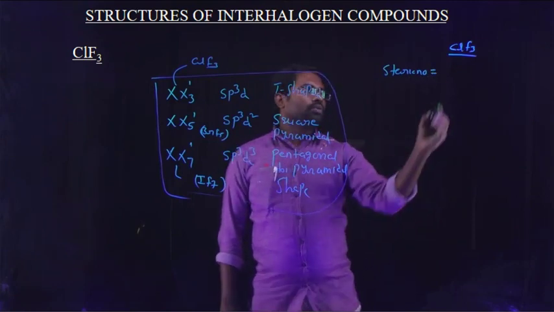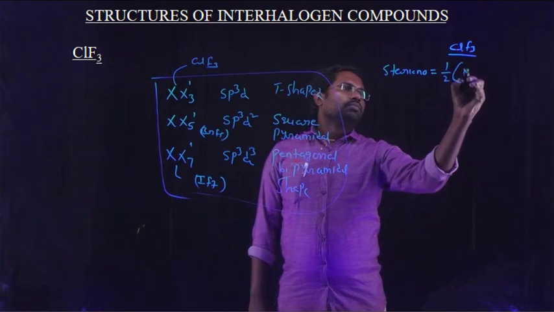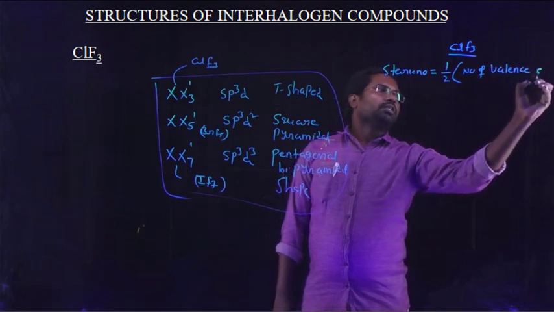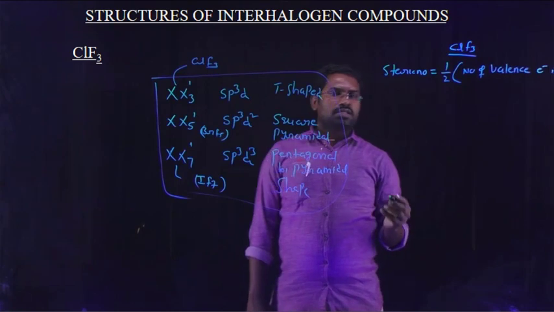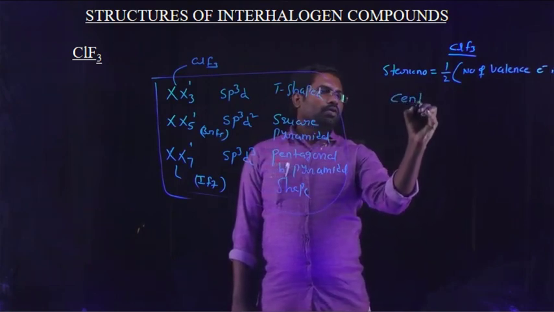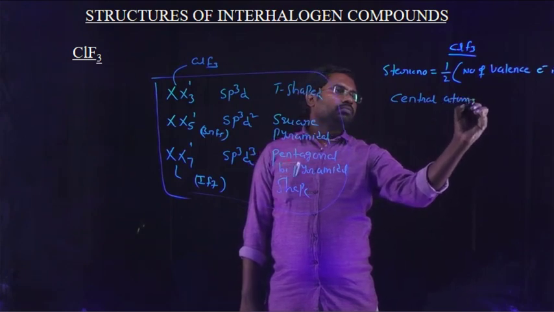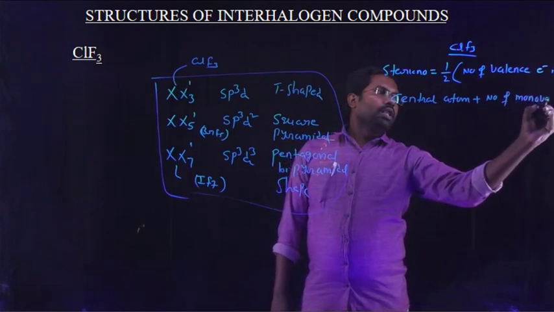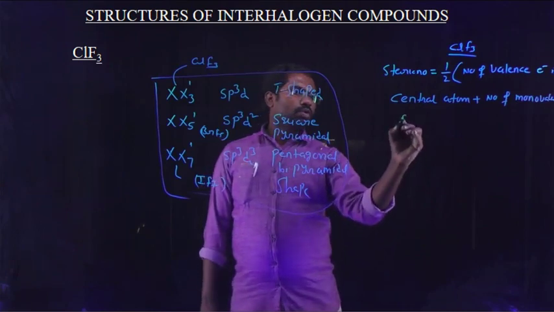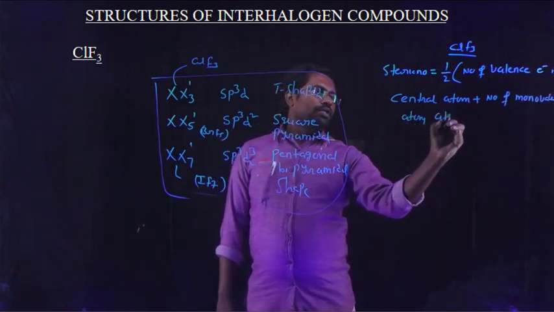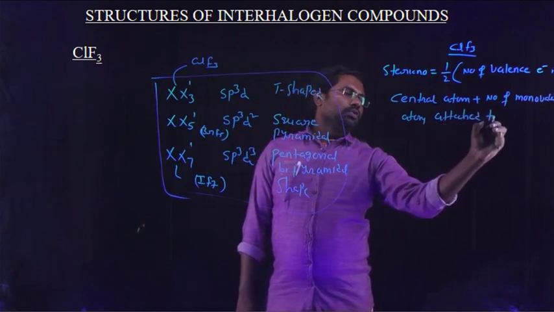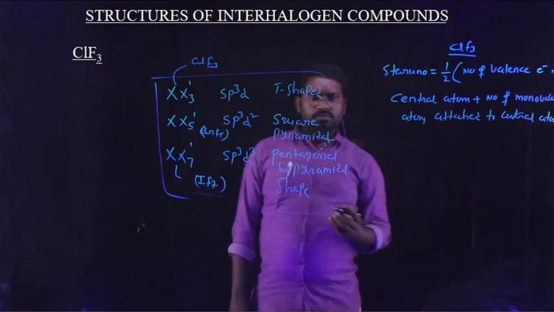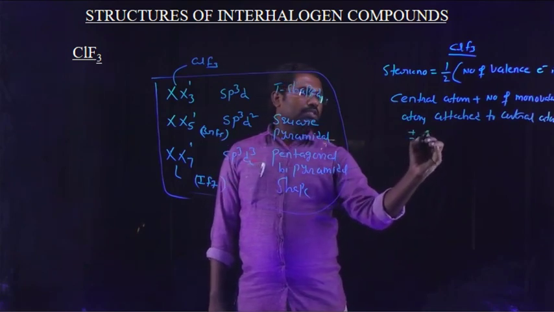Steric number is equal to half into the number of valence electrons in the central atom, plus the number of monovalent atoms attached to the central atom, plus or minus the charge on the ion.